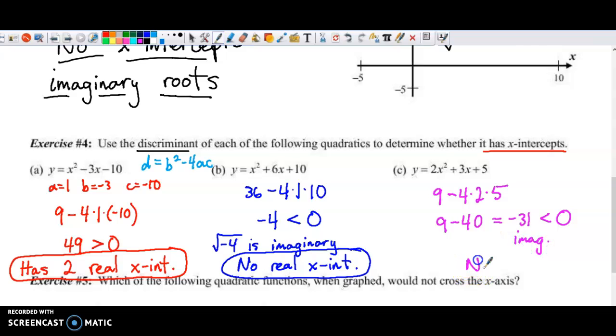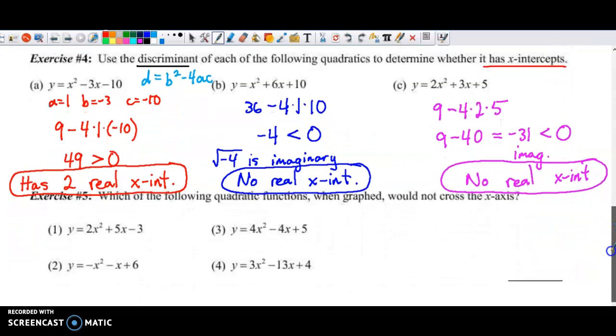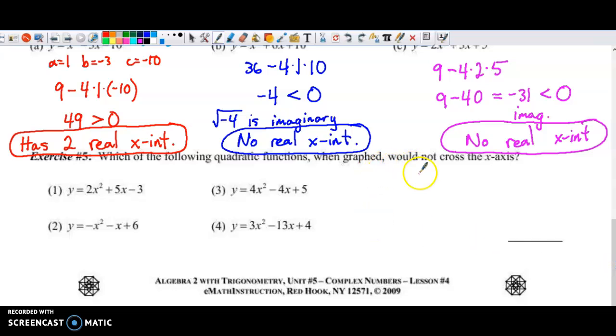So that means there are no real x-intercepts. There are two imaginary solutions, just they're not real, so they don't cross the x-axis. So if the next one, basically it's just going to shake out which one has a discriminant that is negative. So you could try every single one of them, see what works.